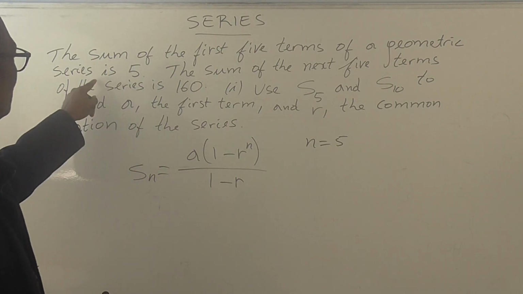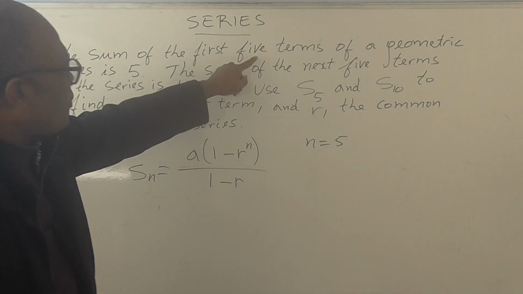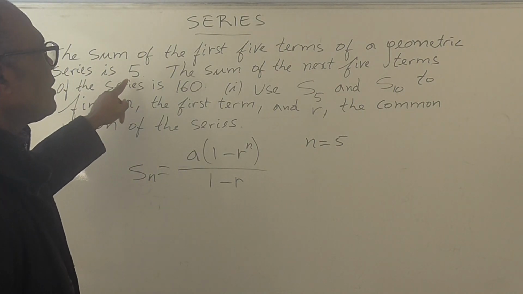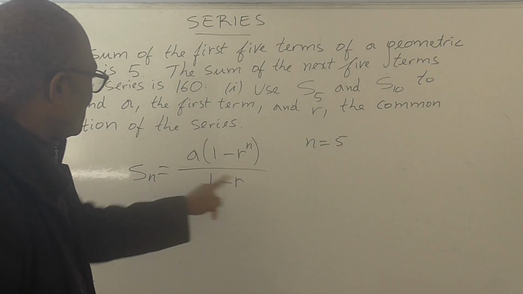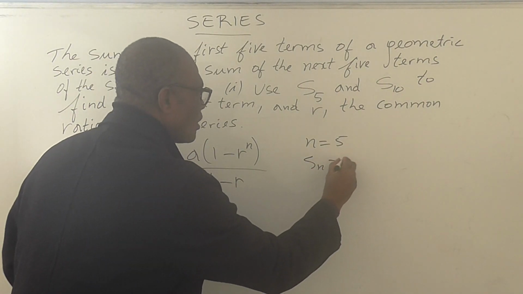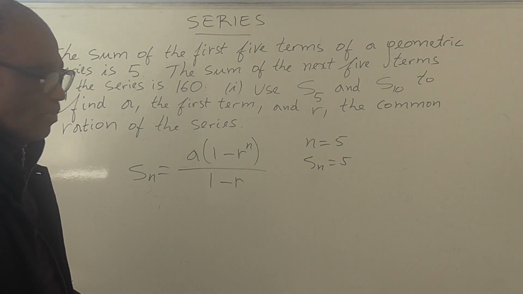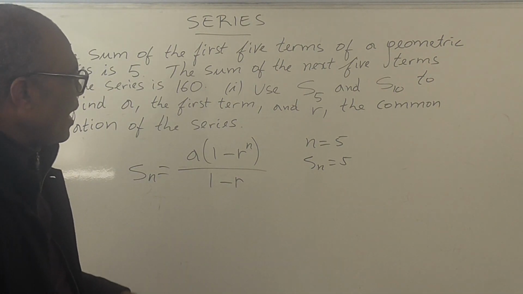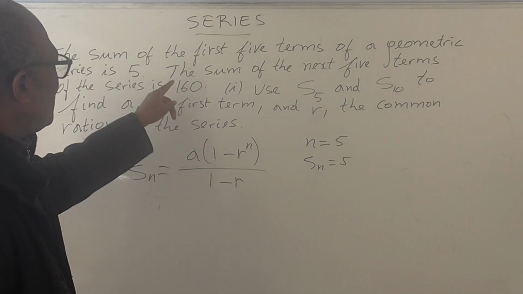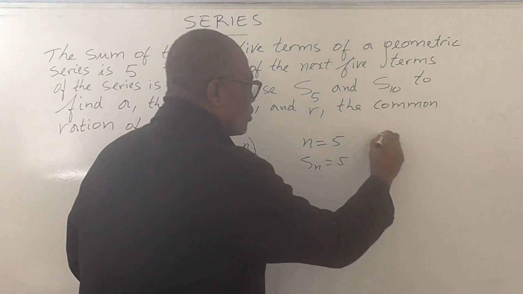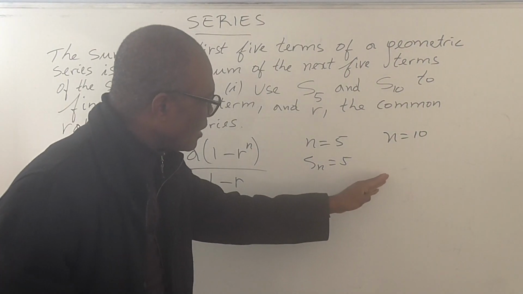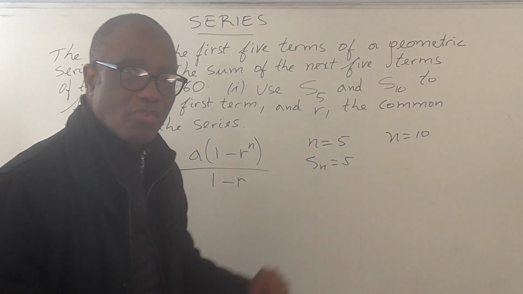Because they say the first 5, our n is 5, and the sum, this Sn, is equal to 5 as well. Okay, we do this. And then we also do it for n equal to 10, and we get the sum of that.